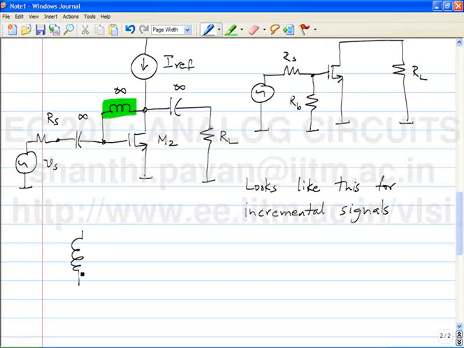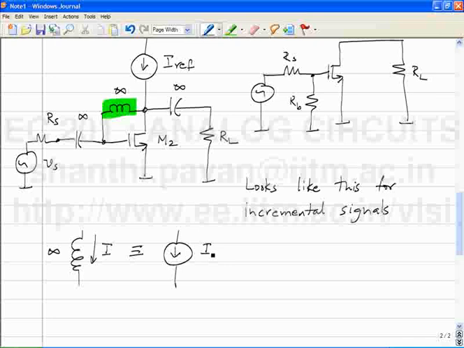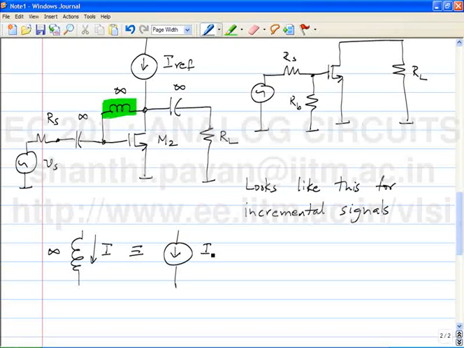An infinite inductor carrying a current I is absolutely identical to a current source having a current I. In our particular case, the inductor current is 0, so it's like having a current source which is 0, which is equivalent to an open circuit. Does it make sense? So this is one solution. It's a good solution. It is not quite practical simply for the reason that it's hard enough to get infinite capacitors, and getting infinite inductors turns out to be a very difficult proposition.